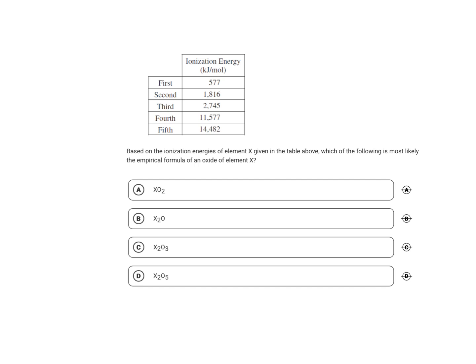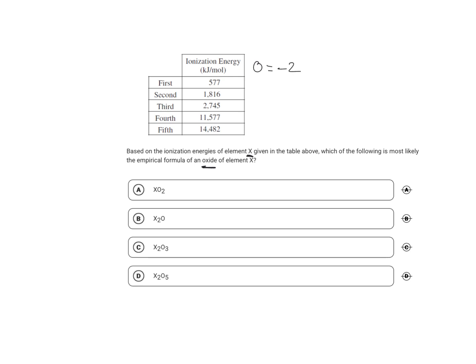Now here I have one last example. This one's directly from AP Classroom, and what we're looking at is ionization energy. You're told these are the ionization energies of this element X, and it's asking what is the most likely empirical formula of an oxide with element X. If we look at our periodic table, oxygen typically forms an ion of -2 charge.